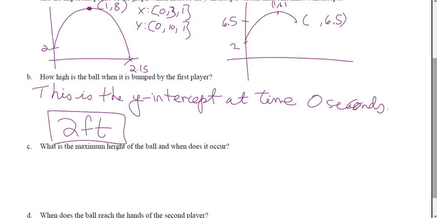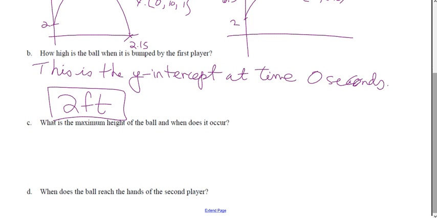What is the maximum height of the ball and when does it occur? So that's the vertex, right? This is the vertex. So it reaches a maximum height of 8 feet at a time of 1 second.